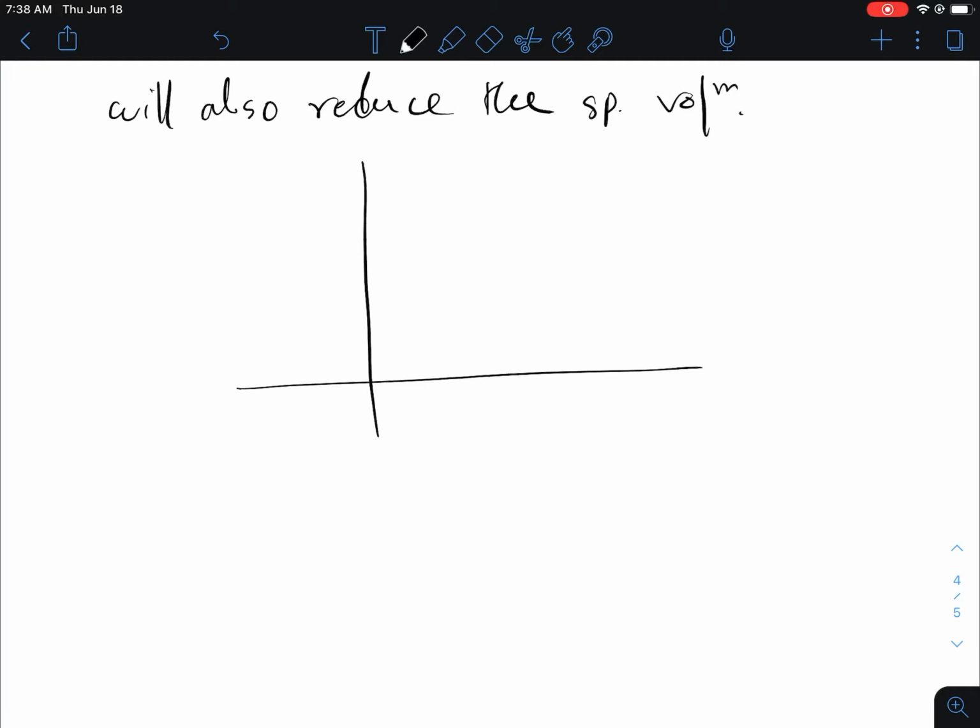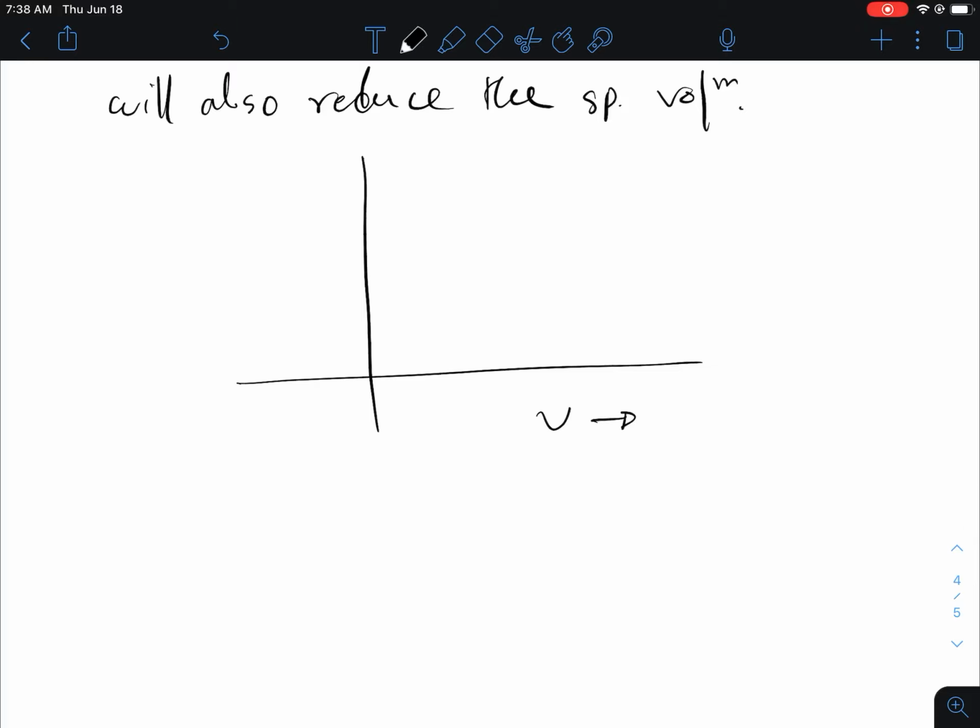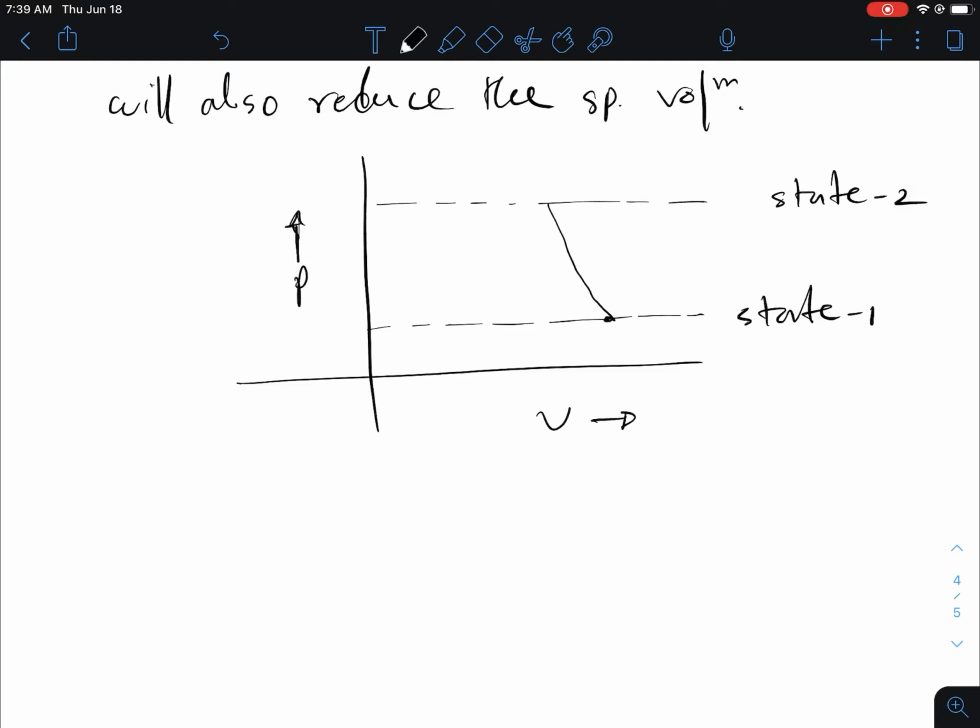So if we draw a PV diagram, and we have this state 1 and state 2, then you have an isentropic process, a polytropic process, and an isothermal process.